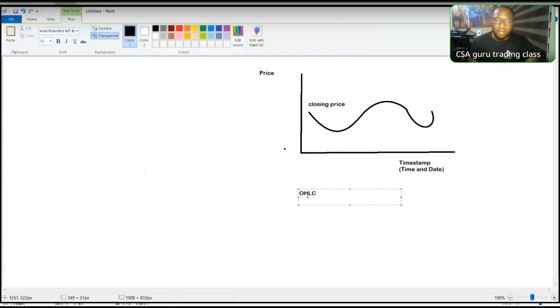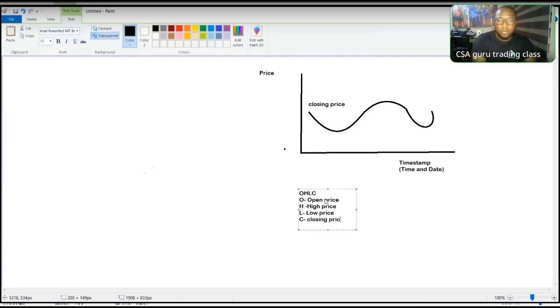I'm sure you'll have seen something like this on any of the charts if you're trading, let's say, on Binance. You'll have seen OHLC, something like that. O means opening price, H means the highest price, L means the lowest price, and C means the closing price.